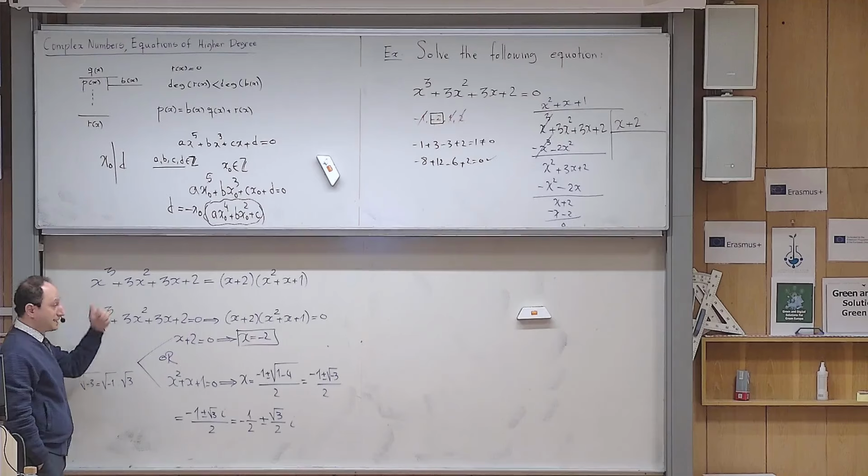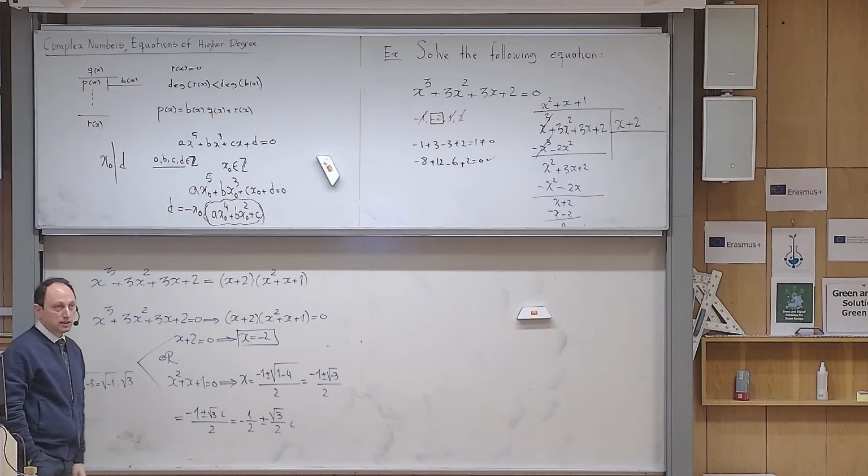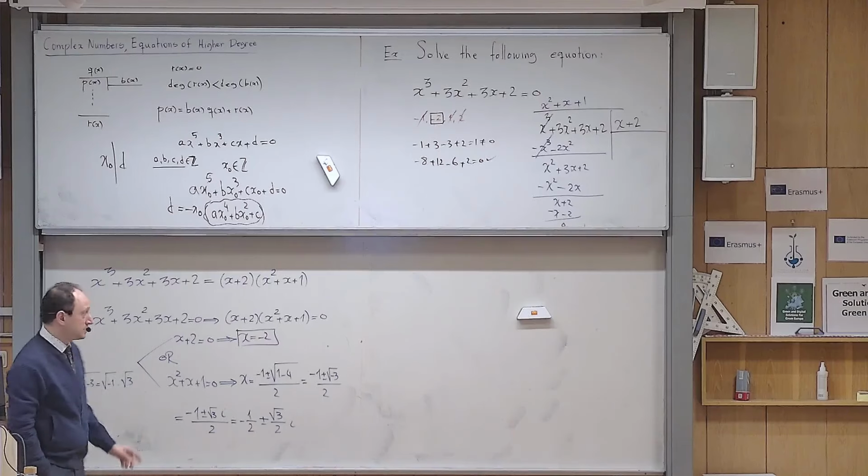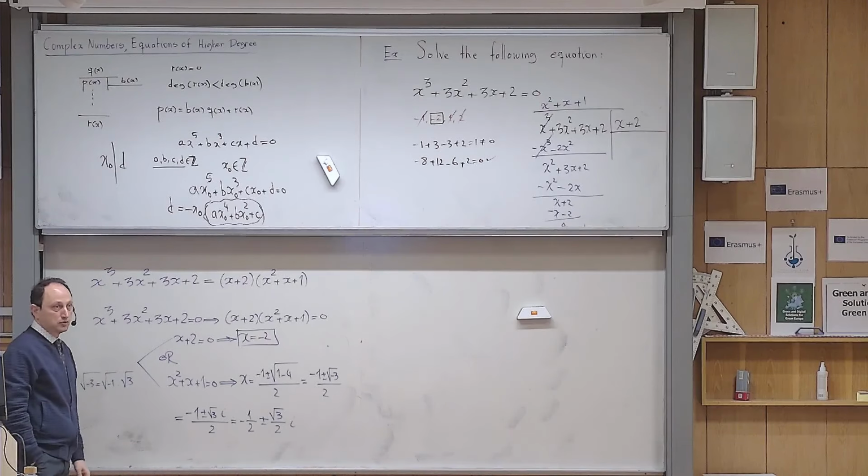But if you are working in the realm of complex numbers, then you can say that every third degree polynomial equation has exactly 3 roots in the realm of complex numbers.